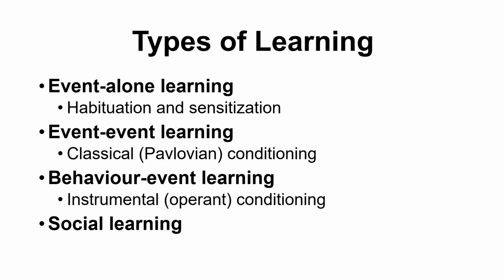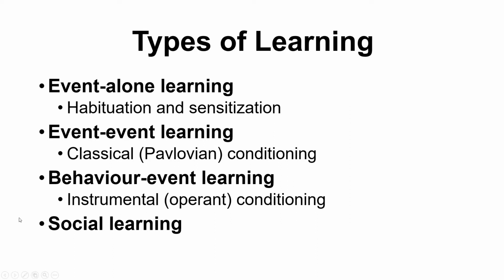So if something is followed by good consequences, so you do something and you get food, you're probably going to do it more often. But if you do something and then something bad occurs, maybe you do something and then someone yells at you, then you're going to be less likely to do that behavior in the future. That's the basics of operant conditioning.